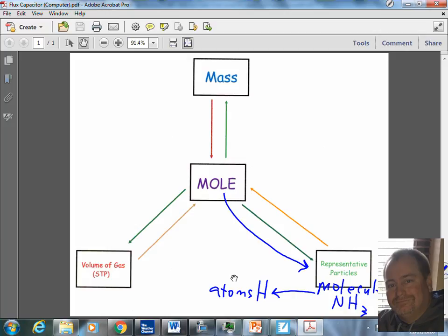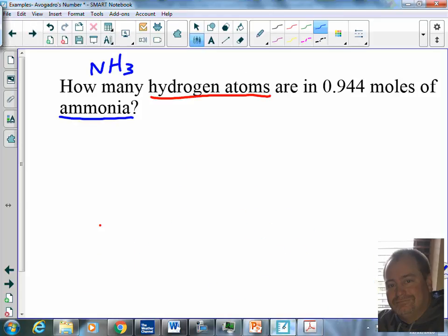Can you understand why I need two calculations? It's because my given, ammonia, was different than what I'm trying to find. So what I'm going to do to start with is convert moles of ammonia into molecules of ammonia.